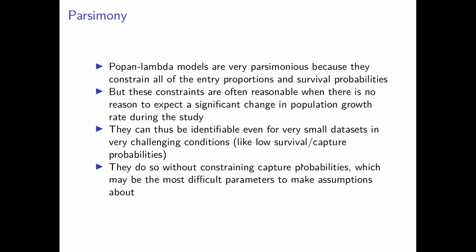So you still could constrain these capture probabilities, but I think that often these would be the hardest parameters to constrain because you might not really have any idea what the capture probabilities are or which ones would be equal. But because you're constraining so many other parameters, you don't really have to constrain the capture probabilities for a Popan lambda model.